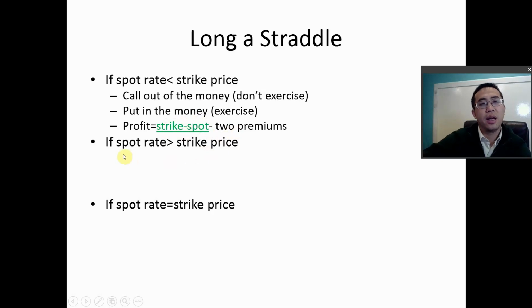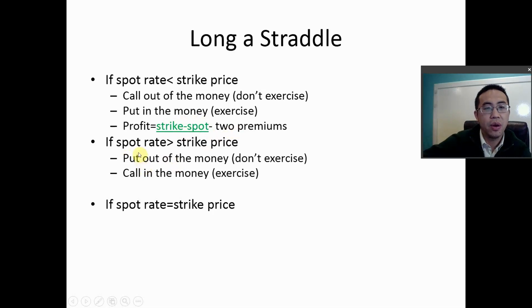In another situation, if the spot rate gets greater than the strike, so that basically tells you when the spot rate gets too high, the put option is out of the money, the call option is in the money. You don't exercise the put, you exercise the call, and the profit would be the spot minus strike, and again, you always pay the two premiums.